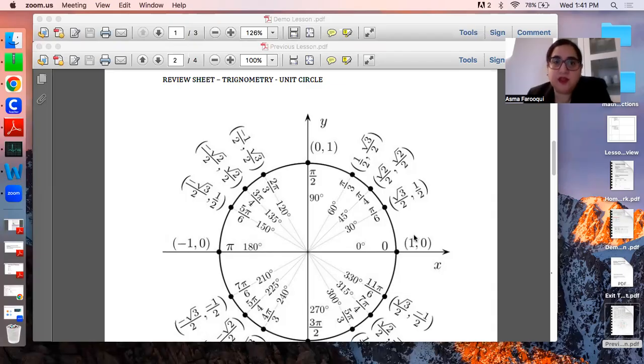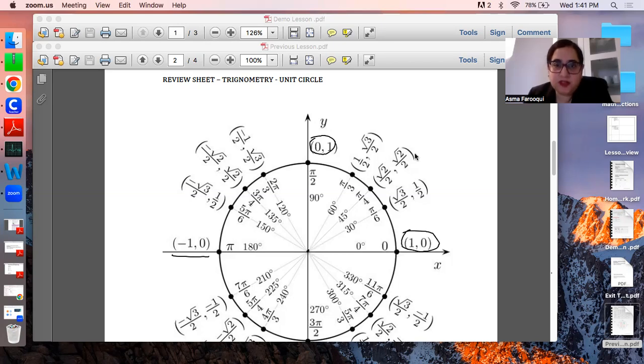So at this point, they can actually check their homework, and if they have drawn it correctly, they have to label the terminal points, which are 1, 0, 0, 1, -1, 0. And then this is the origin over here, and this is the x-axis, y-axis.